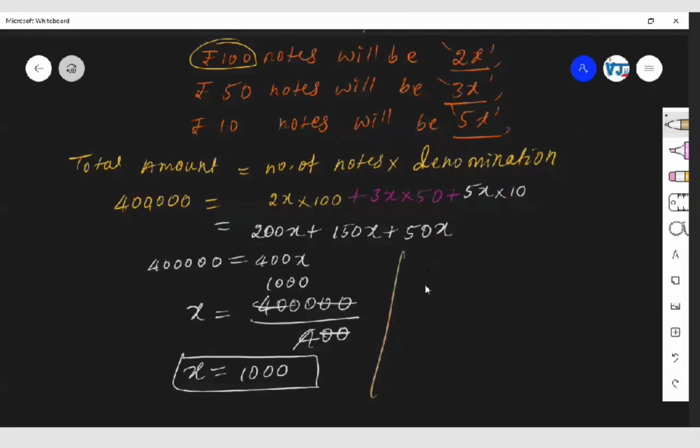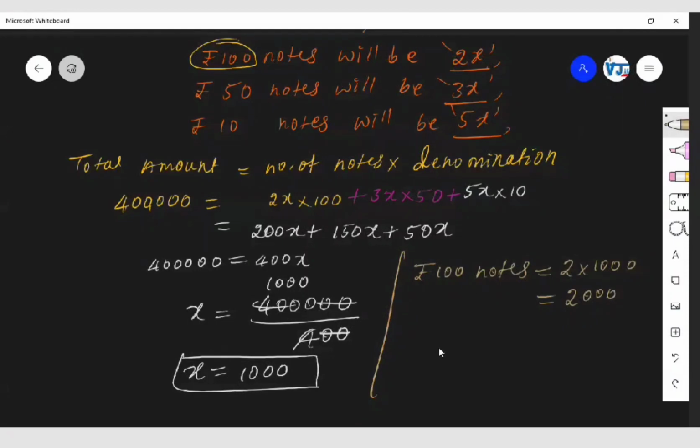Now start. Yes, 100 rupees notes: 2 into 1000. How many 100 rupees notes are there? 2000. Similarly, find out the remaining.